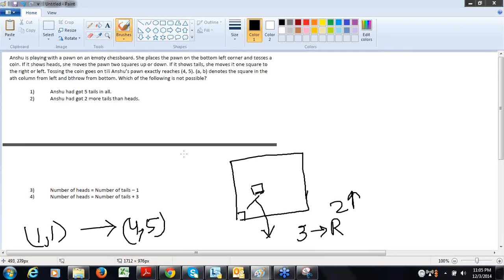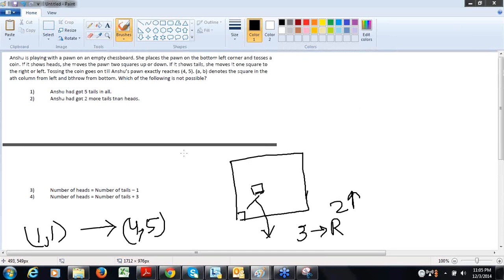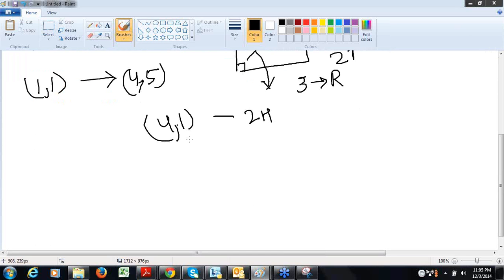Then it can take 1 step to the right and then again next step to the left. So it will reach the same position, and thereby again it can go to 4 5 with 2 heads. So option number 1 can be eliminated again.